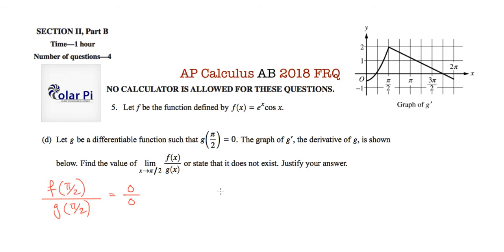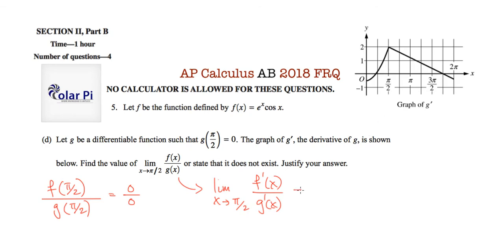So what do we do? We use L'Hopital's rule, and L'Hopital's rule says that when we get a 0 over 0 when evaluating this quotient, then we could instead evaluate the limit as x goes to pi over 2 of the quotient f prime of x divided by g prime of x. I have a lot of videos on L'Hopital's rule, so check that out, and I do much harder examples. And for g prime, I suspect that we need the graph.